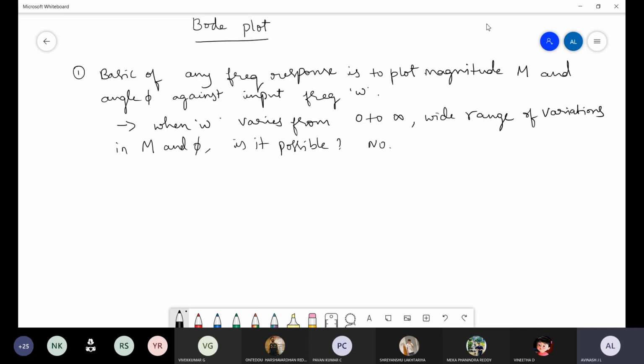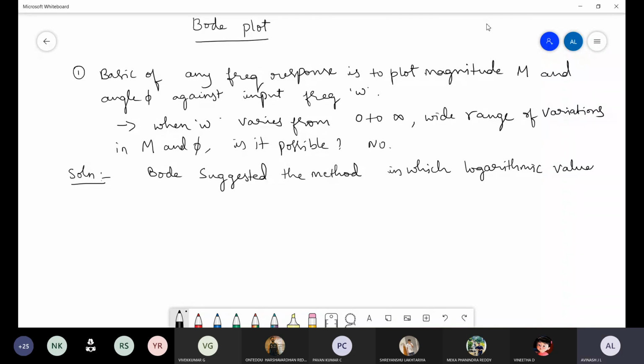So what is the solution? The scientist Bode suggested a particular procedure, a method in which logarithmic values of magnitude are to be plotted.